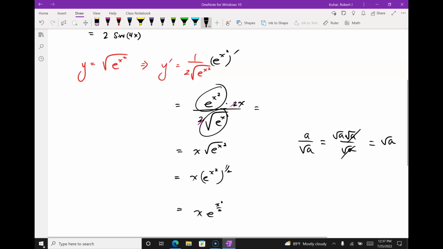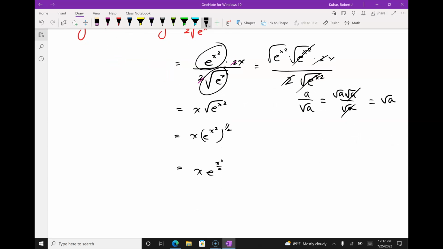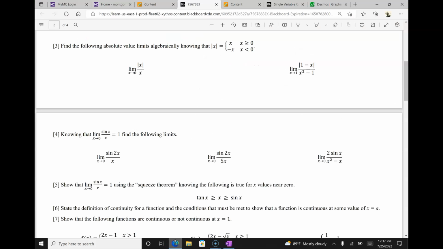So I could have written this as square root of e to the x squared times another square root of e to the x squared times 2x over 2 times square root of e to the x squared, and that's where one of them canceled. And the 2's canceled. All right, let's do one from the book.